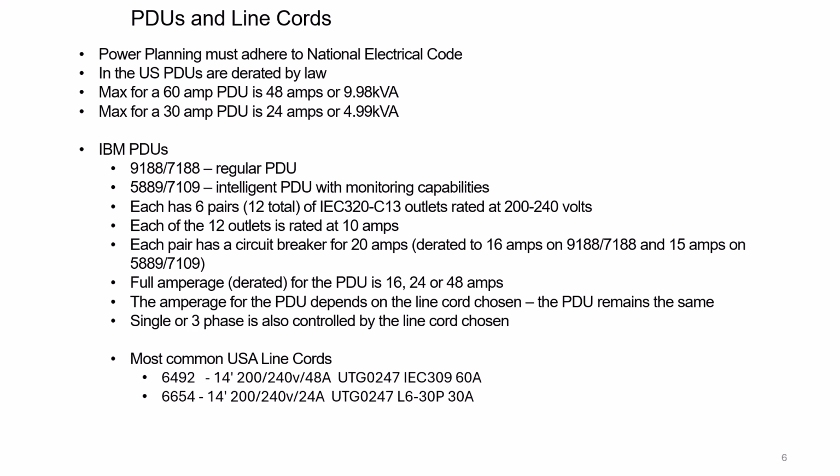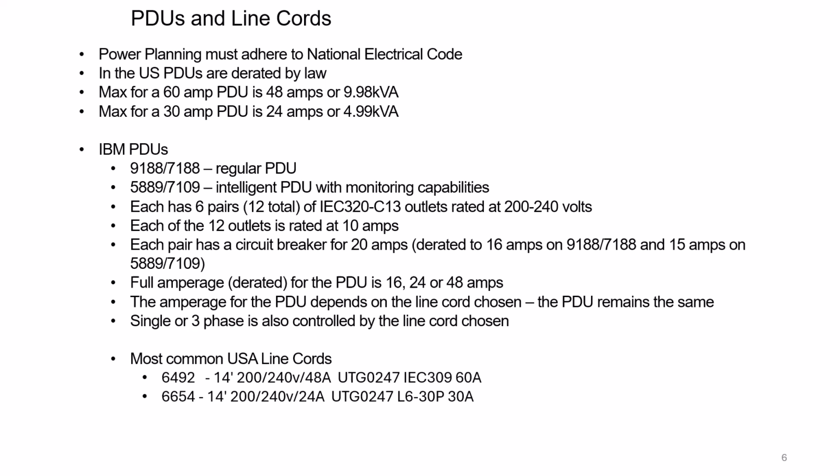When you're doing power planning, there's something called the National Electrical Code. And what that code does is it makes the rules for how PDUs are derated. So by law, if you have a 60 amp PDU, you cannot draw more than 48 amps or 9.98 kVA through that PDU. So that's what you have to plan for as a maximum for that PDU.